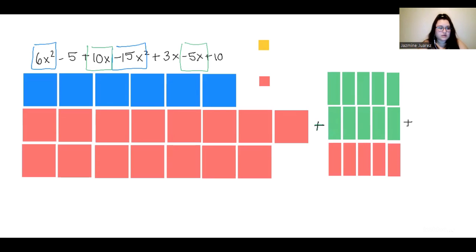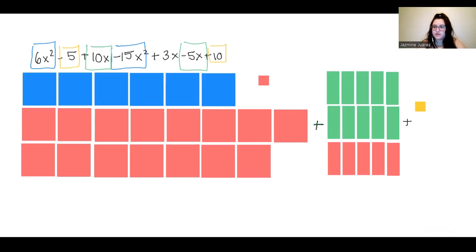And then now to yellow. I have a -5 and a +10. I just now see this +3x, so I will come back to that in a second once I do these yellow ones. Let's do my +10.